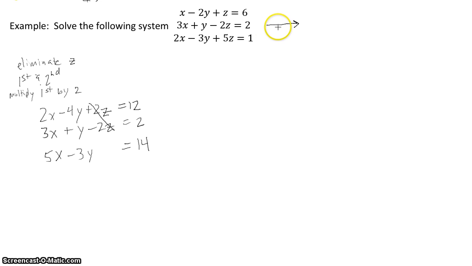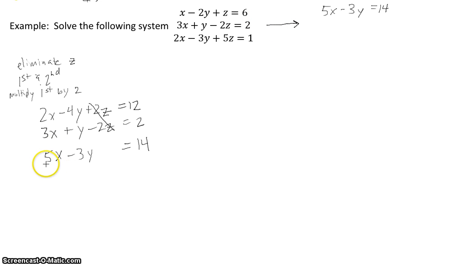Here we got rid of one variable, so there are two variables left. So this 5x minus 3y equals 14 is a new equation, still in the system.